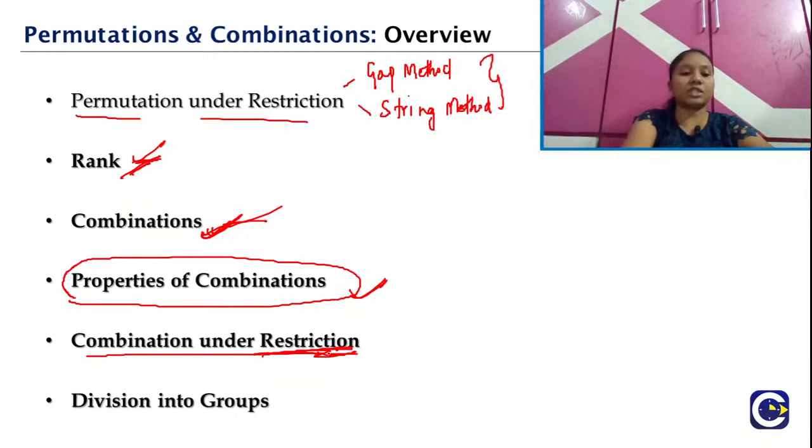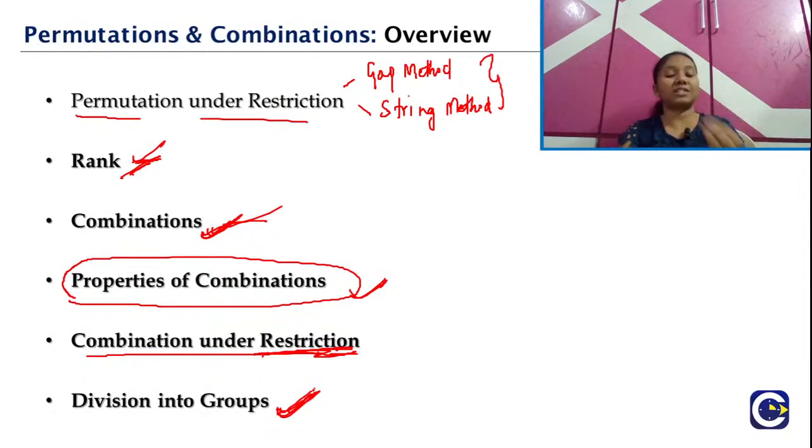And once we are done with combination under restriction, there will be one more concept which is division into groups, right? This will be a new concept involving both permutations and combinations. Meanwhile, in between, after the combination introduction, we'll have a quick look at the difference between a permutation and a combination.